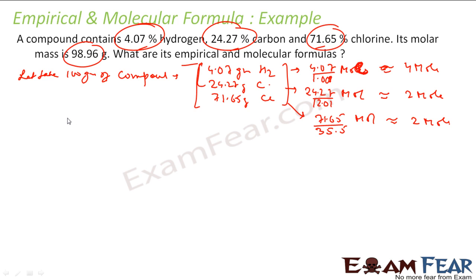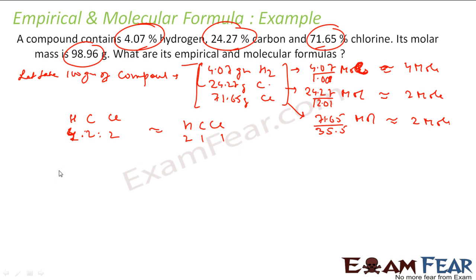That means my hydrogen, carbon and chlorine are in the ratio 4 is to 2 is to 2. If you simplify this, hydrogen, carbon and chlorine will be 2, 1, 1.